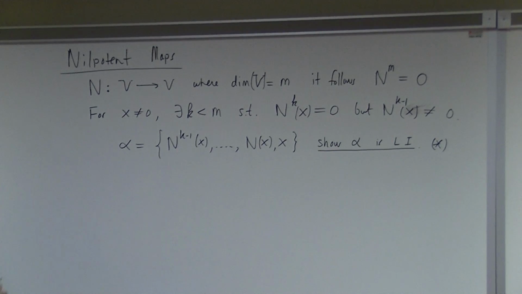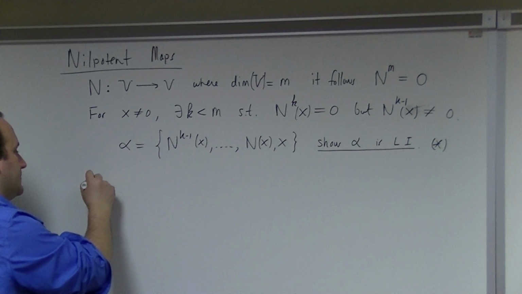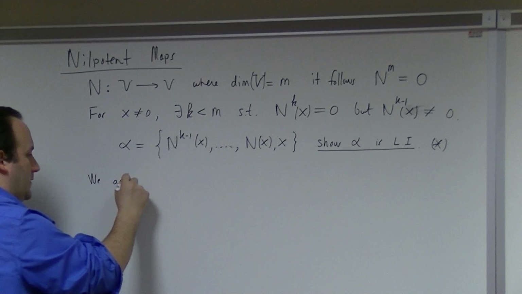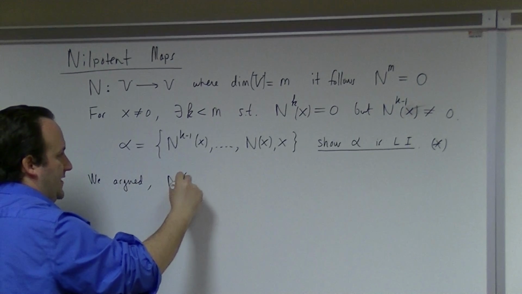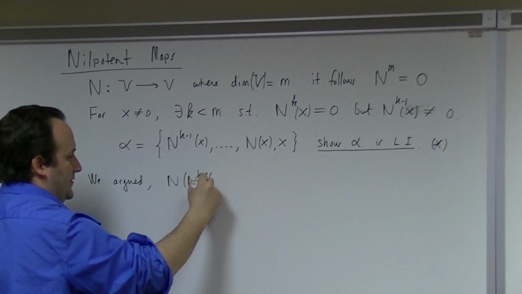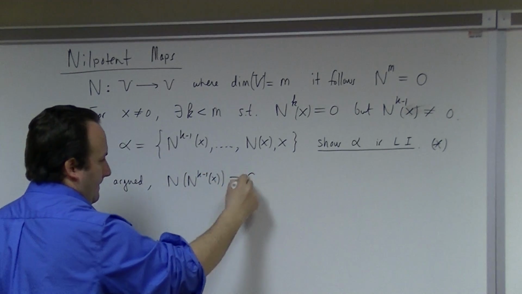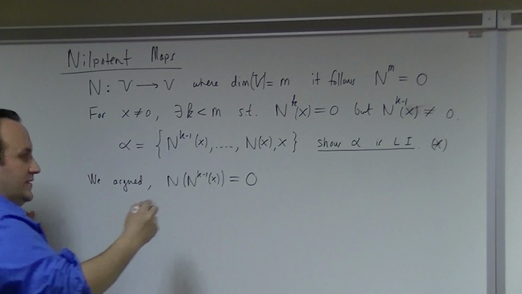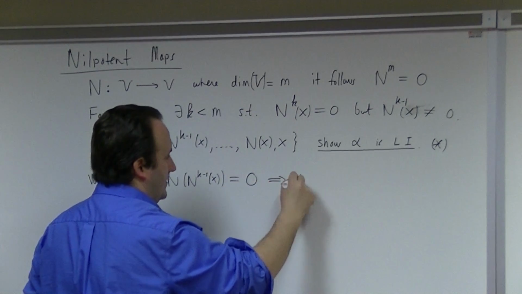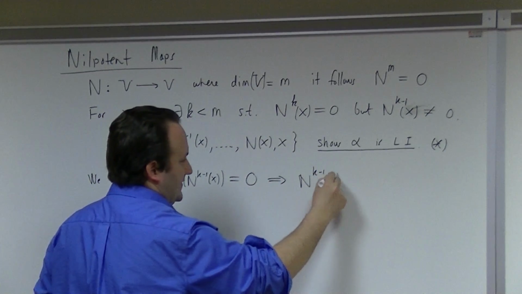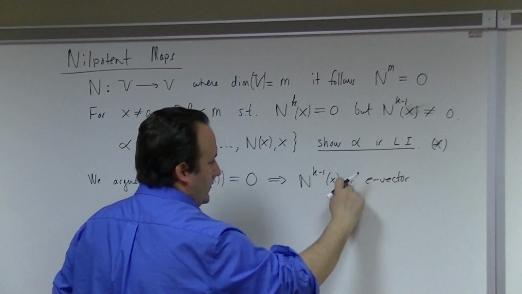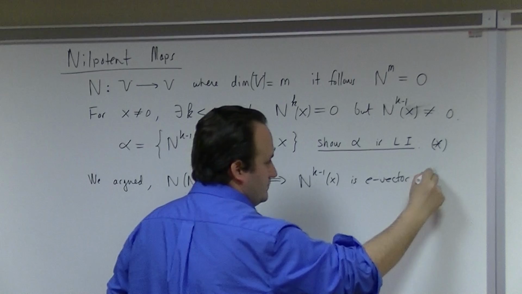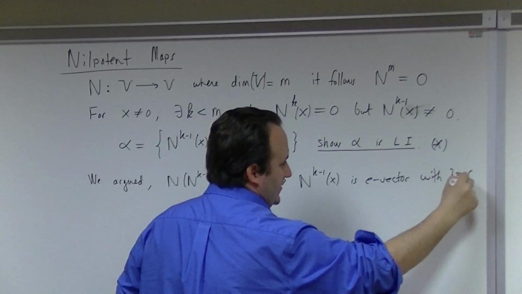We also argued, what did we argue? We argued that n times n sub k minus 1 of x is equal to 0, right? So that implied that n sub k minus 1 of x is an eigenvector, with eigenvalue lambda equal to 0.